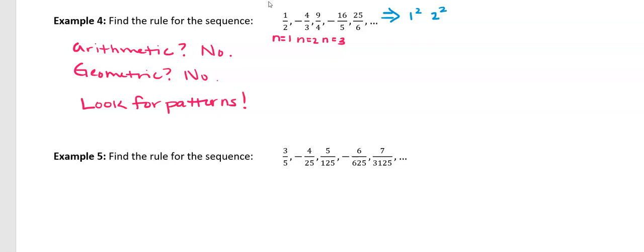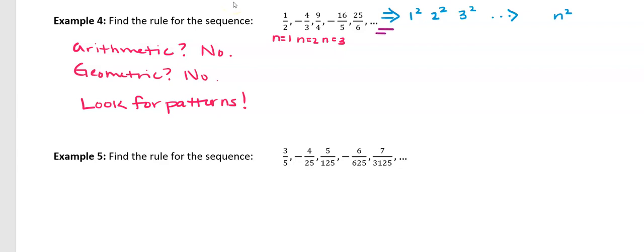My third has a numerator of 9, and that's 3 squared. So it certainly looks like what we have here is our n value, because it matches up with n equals 1, n equals 2, n equals 3. So the first term squared, the second term squared, third term squared. So it looks like our n is being squared in the numerator.